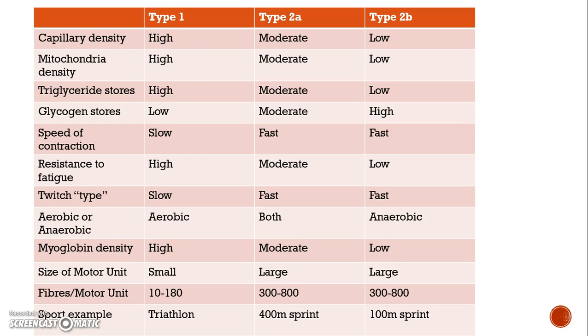They're more looking for a high resistance to fatigue. Whereas if you're looking at your type 2s, you've got between 300 and 800. 800 is more than 4 times more than the type 1. Think of the extra power and strength you're going to get from that. Then sporting examples, we've got triathlon, 400-meter sprinter, and 100-meter sprinter.